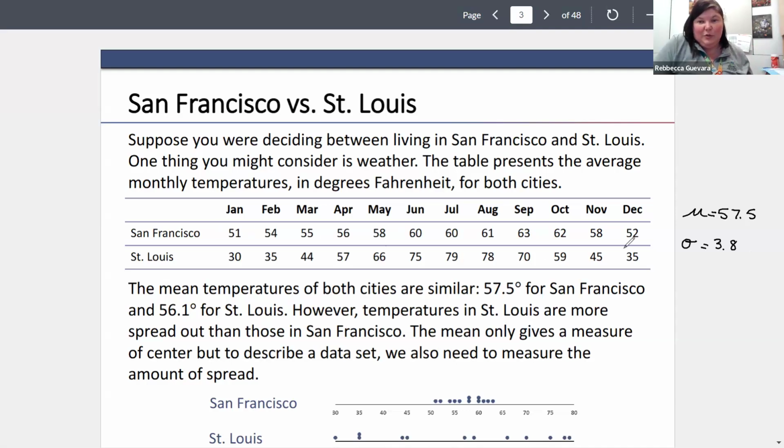So if you're looking at my distribution of temperatures here, what we're expecting is that this is about average. Our smallest temperature here, my minimum temperature, is 51 degrees. And what we're seeing is that the distance from your mean to that minimum is about 8 degrees.